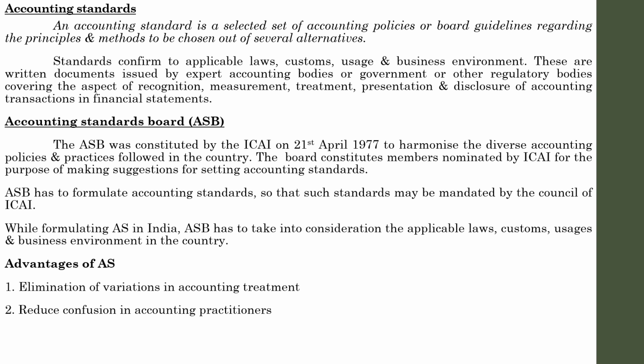If there is a certain set of rules regarding which method has to be followed under which situations, and if that rule is applicable all over the world, then there is no confusion. Everyone can follow a system of uniformity. So the accounting practitioners can follow the one method which is most suitable for the situation as per the accounting standards. That is the main purpose of accounting standards.